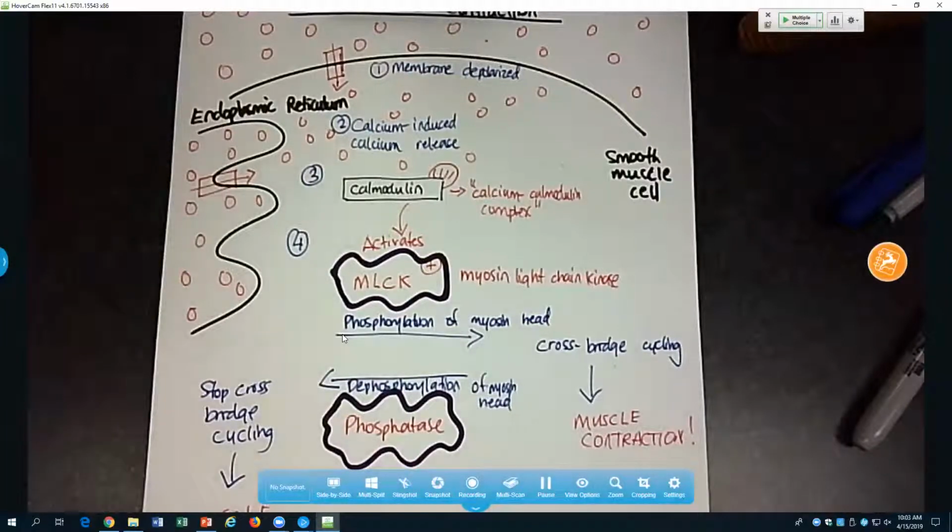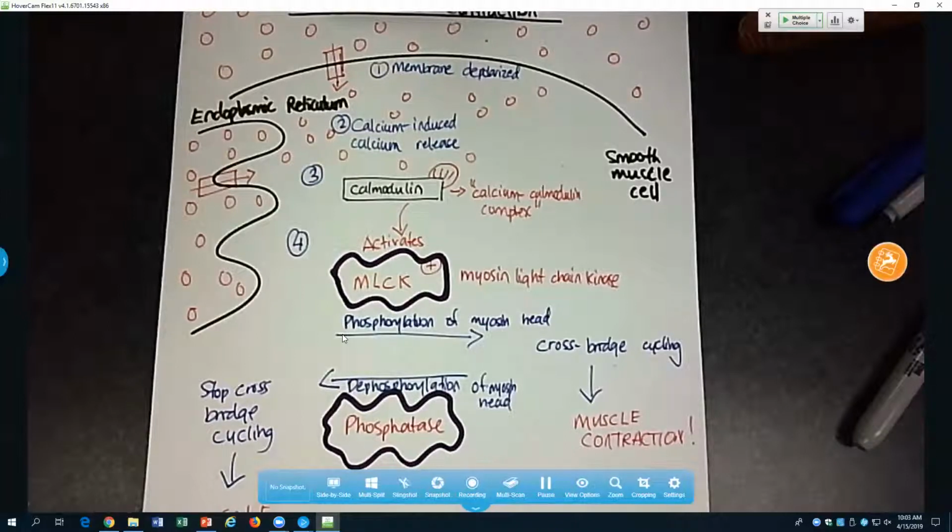What was that one source of calcium? So not smooth muscle, but think back to skeletal muscle. The calcium that brought about the cross-bridge cycling by attaching the troponin, that whole mechanism, where did that calcium come from?